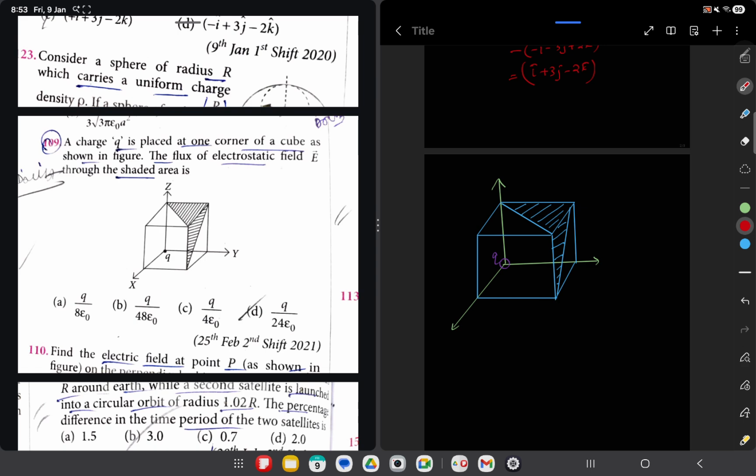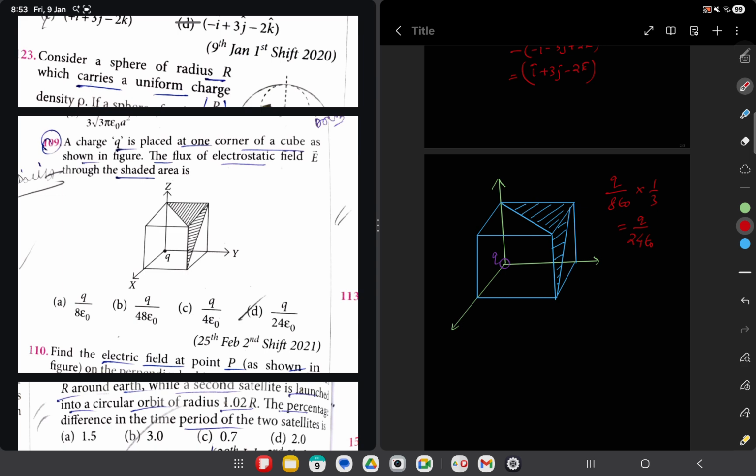So you will get flux for this upper face and this front face. So the total flux for any charge present at the corner is Q by 8 epsilon naught. So through each face will be Q by 24 epsilon naught.